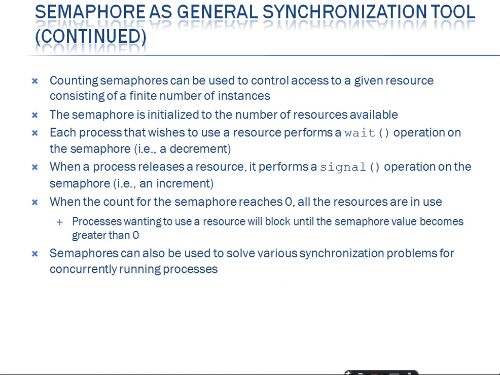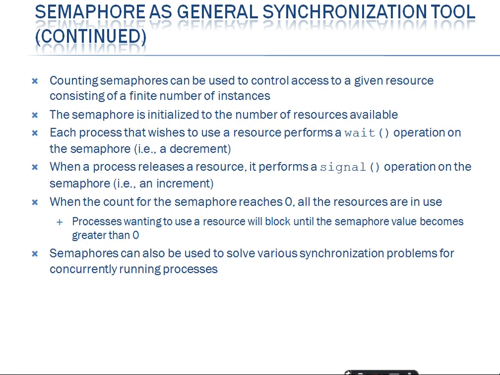Each process that wishes to use a resource may perform a wait function on the semaphore. And we know what happens in the wait function. A decrement occurs over the semaphore.